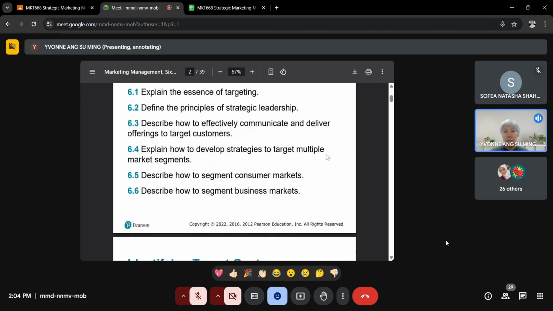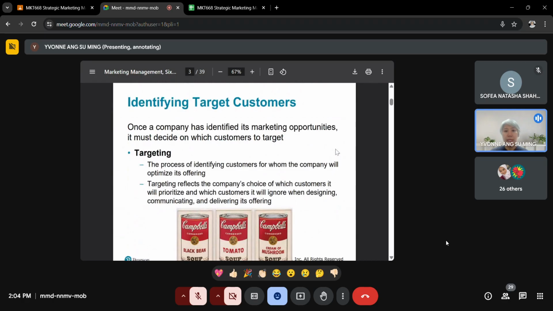Okay, so let's start with the first slide, which focuses on identifying target consumers. So here, when we say that we're trying to choose the target consumers, what the organization is trying to do is look at certain marketing opportunities that it wants to go after, and then based on that, which customers are suitable, which customers it wants to target.